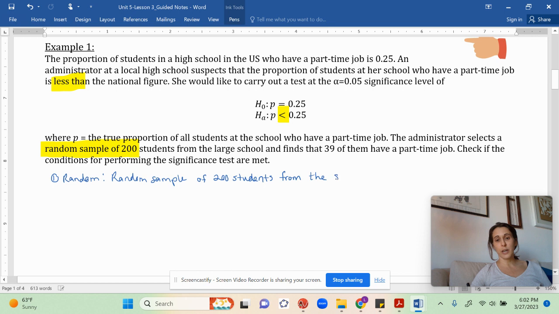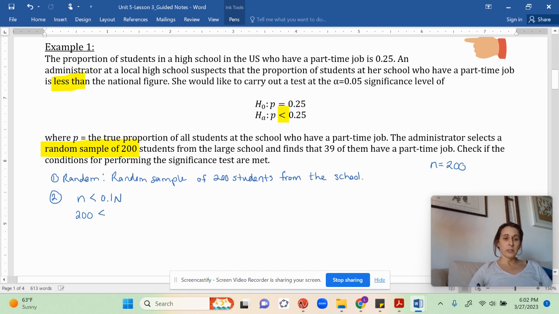Next, we want to check the 10% rule. This is a little bit trickier for this question. The 10% rule says that lowercase n has to be less than 0.1 times uppercase N. Lowercase n is the 200, that's our sample size.